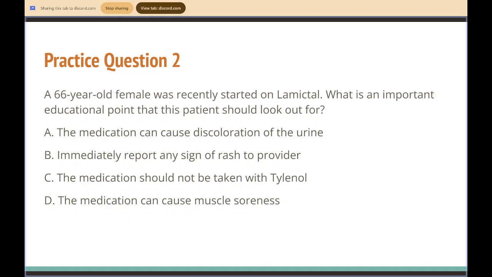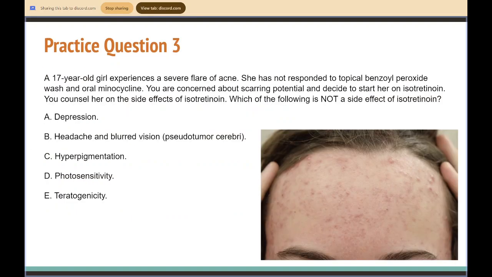All right, so let's go to practice question 3. A 17-year-old girl experiences a severe flare of acne. She has not responded to topical benzoyl peroxide wash and oral minocycline. You are concerned about scarring potential and decide to start her on isotretinoin. You counsel her on the side effects.